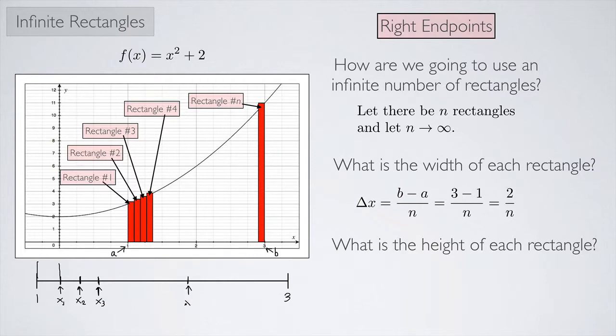I can just call it x sub i, just for the ith rectangle. So this is just some place in the middle here, because remember, I have n of them. So we need some generic labeling here for rectangle number i. And then to get the height, you put in the value of the function at that position. So we could say the height of each rectangle is f of x sub i, where i goes from 1 up to n.